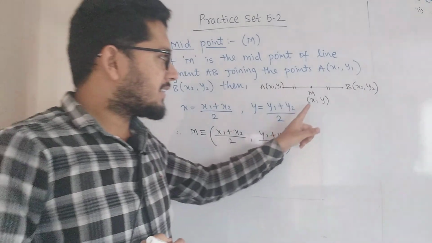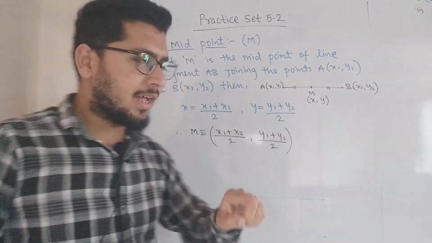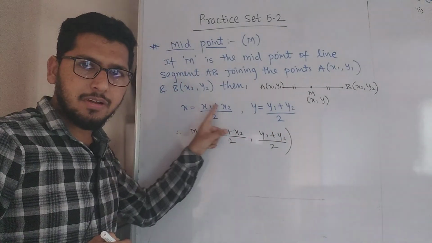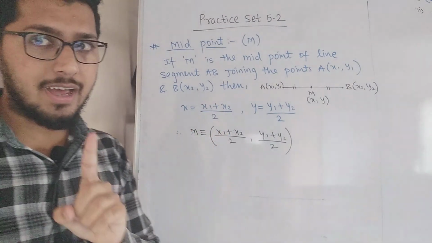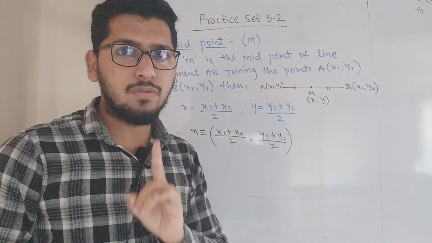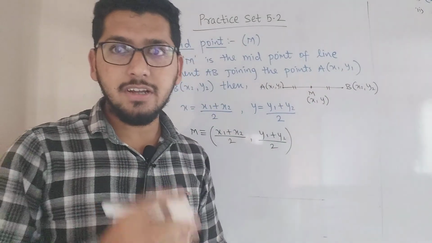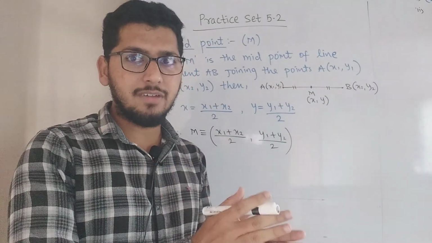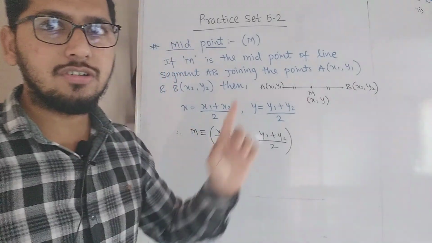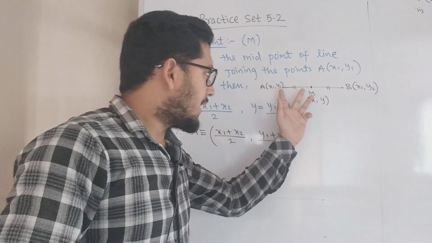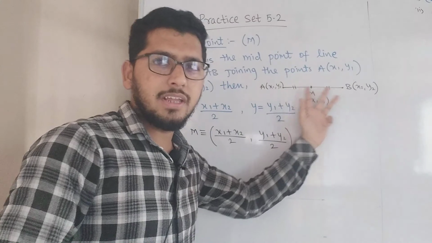So to calculate this x comma y, there is a formula, that is x equal to x1 plus x2 upon 2. अब यहाँ डिफरेंस क्या है, रेशियो नहीं आएगा. Why the ratio will not come? इधर m और n का रेशियो नहीं आएगा. In the last formula the ratio is given, that is m is to n. Why is the ratio not coming here? Because AM and BM, these two are equal parts.